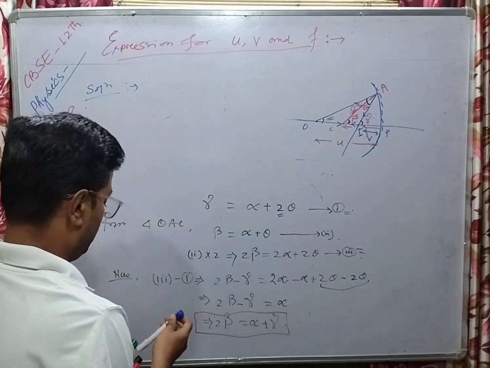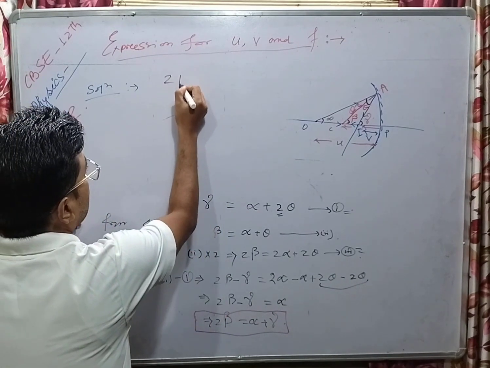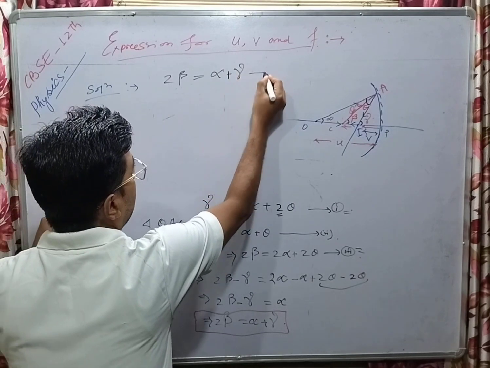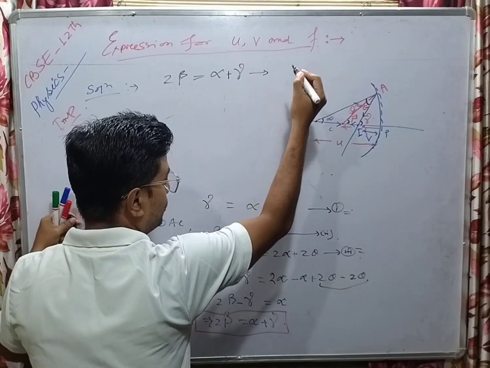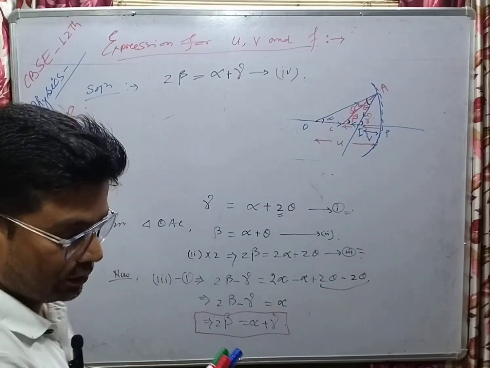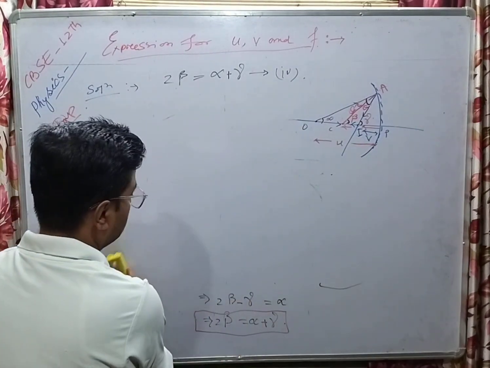Students, twice beta is equal to alpha plus gamma. Suppose it is equation number 4. Consider it as equation number 4.